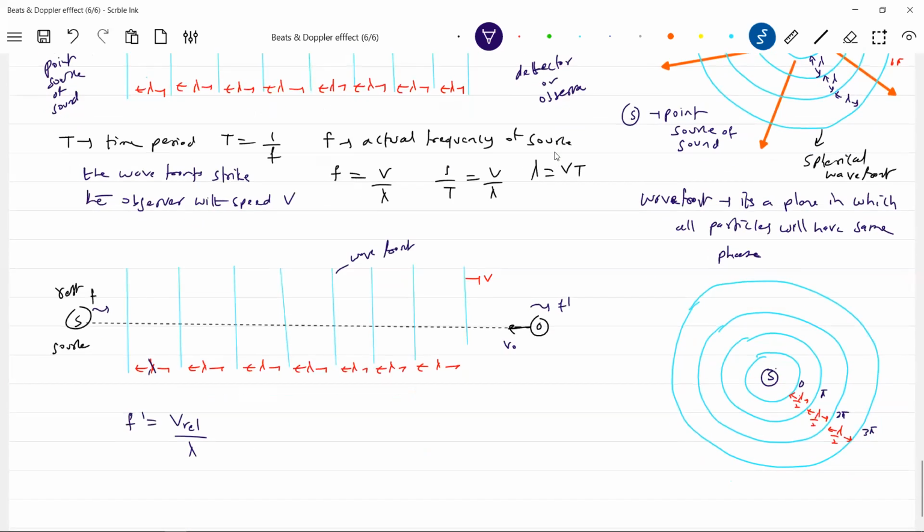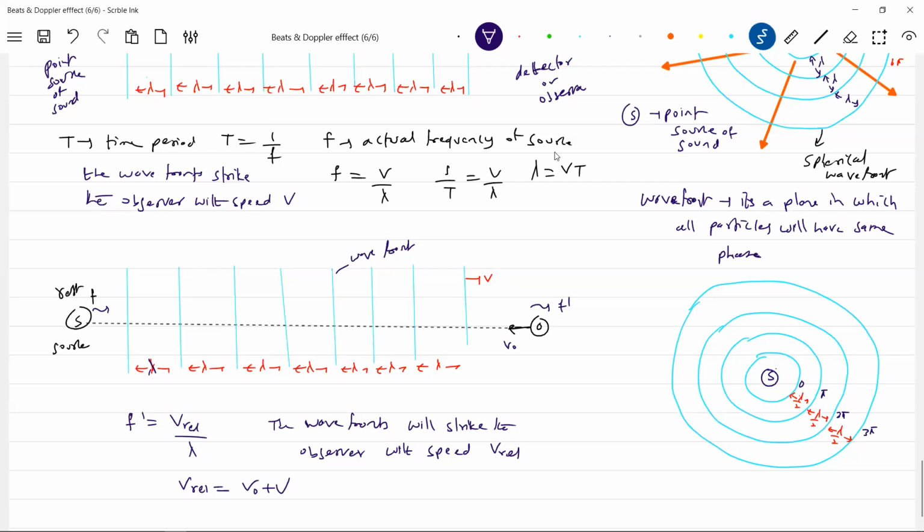Now in this case, the wavefronts will strike the observer with speed v relative. There's a core idea. Okay, how to calculate that v relative? Anybody wants to answer?